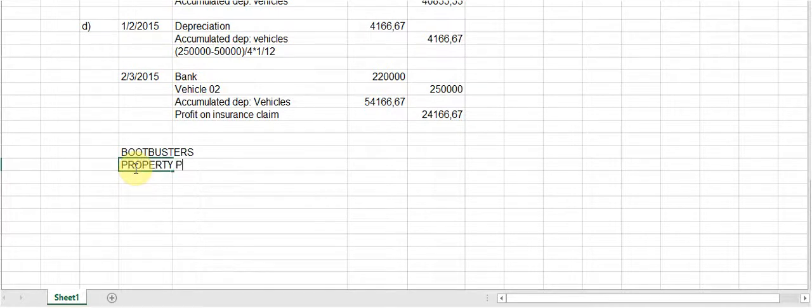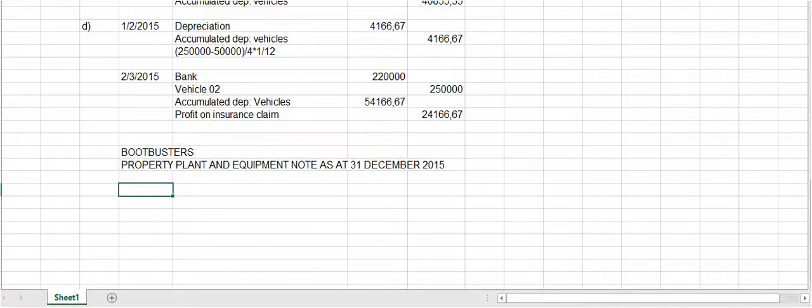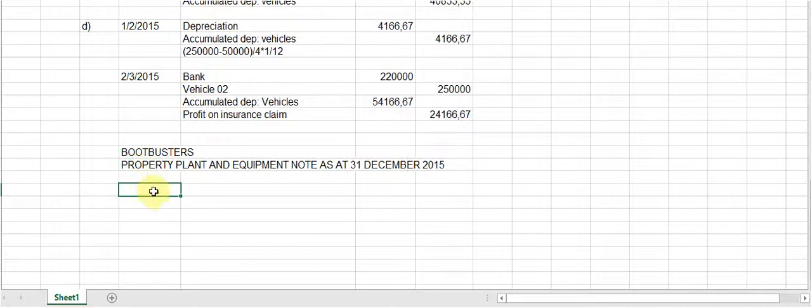Property, plant and equipment note as at 31st December 2015. So now we need to go and consider, but what assets do we have here?